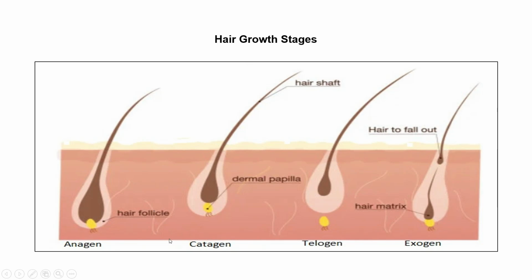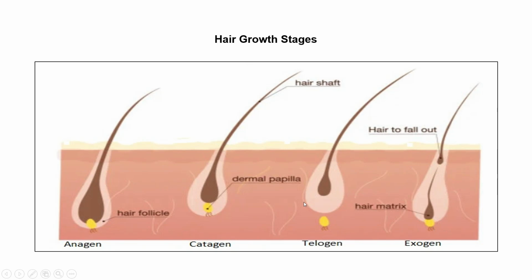So how can you analyze which stage it is in? Here you can see the diameter of the hair follicles is reduced in this stage. So it is the catagen phase, and after that it comes into the telogen phase. Here you can see it is detached from the dermal papilla, and finally it sheds out, so it comes into the exogen phase.